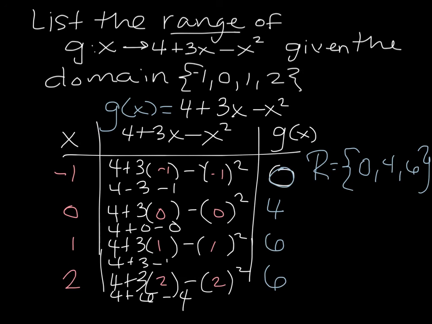Even though multiple people went on the same immersion trip, we still only listed New Orleans one time in the list, right? So these numbers are the answers, or the output values, but I only list each of those numbers once. So my solution to this problem is that.